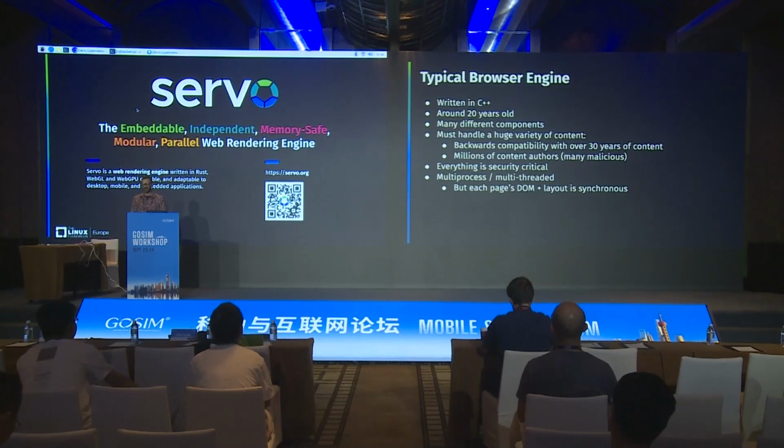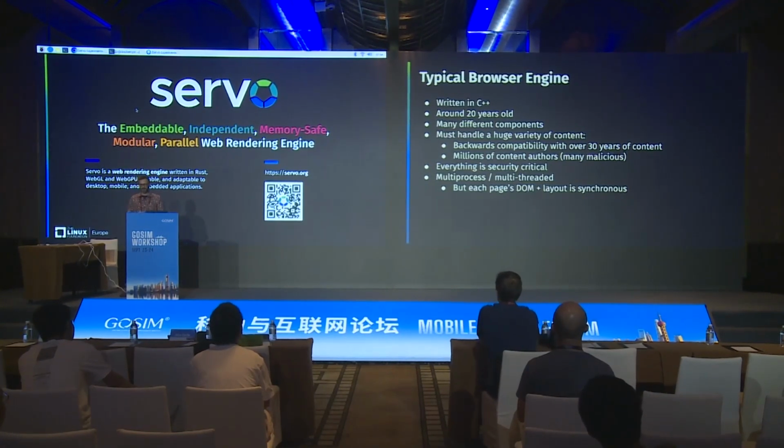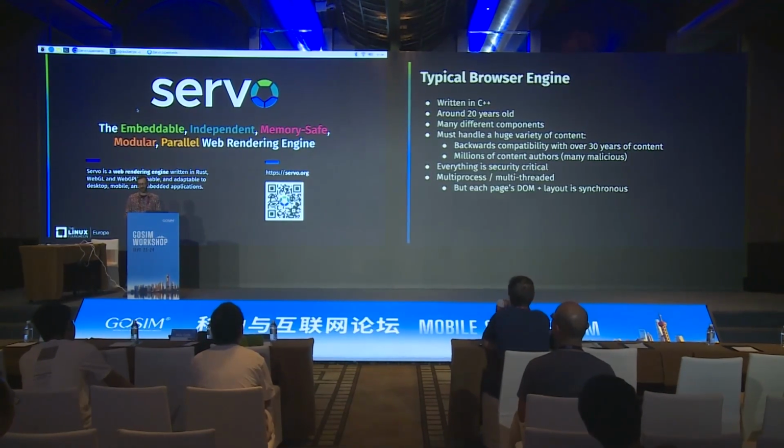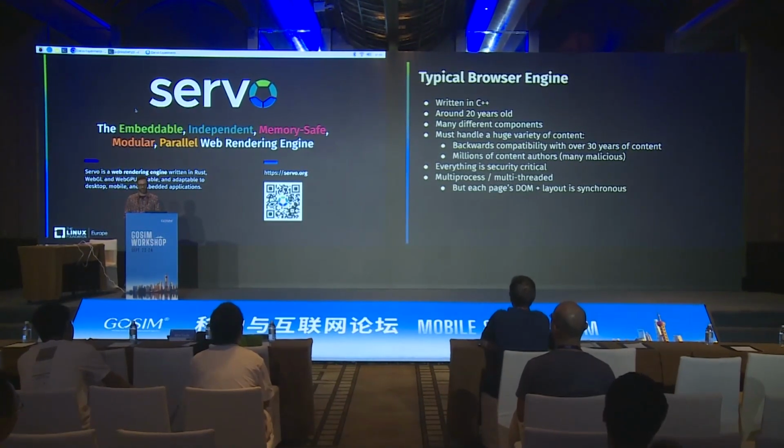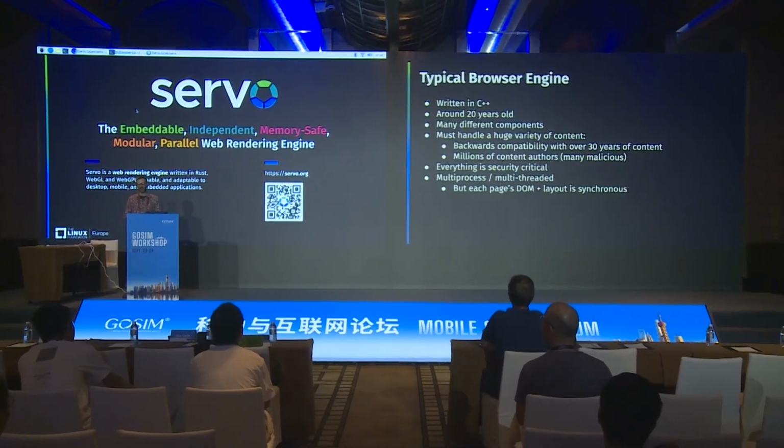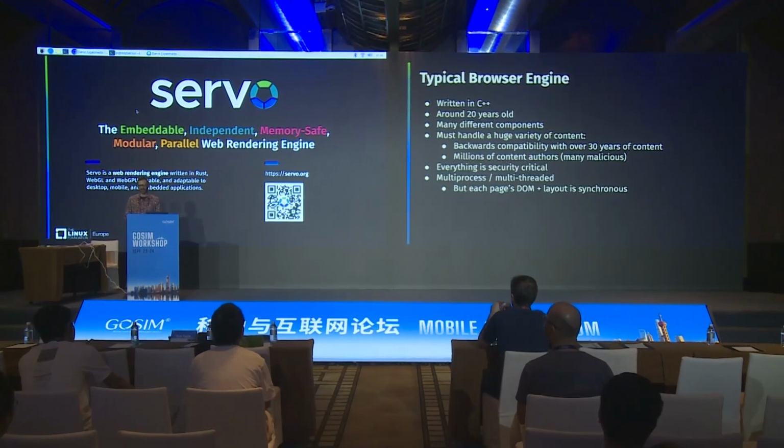So a typical browser engine is written in C++. All the major browser engines are written in C++, which means, and this is important, that they have a lot of memory errors. You have to be careful when you use pointers.